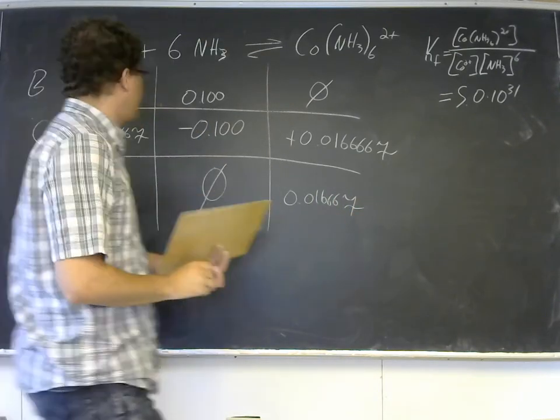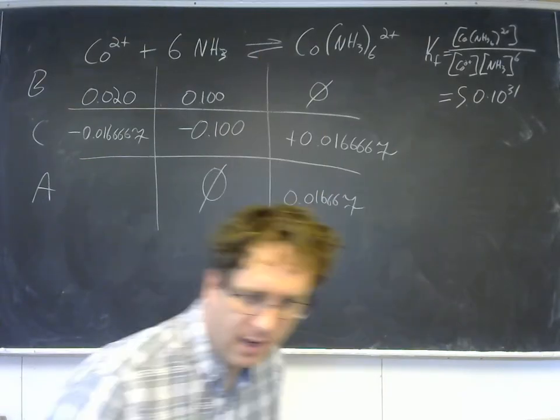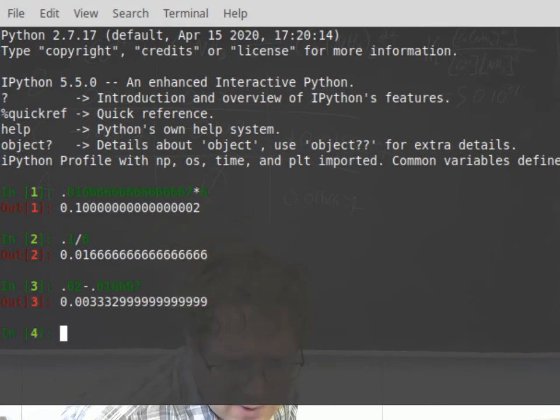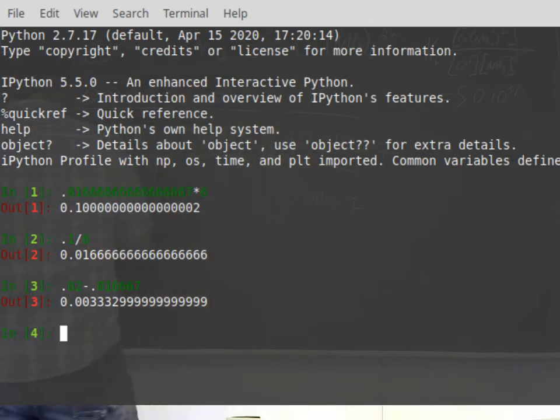And then again, let's not try to do too much math in our head. 0.02 minus 0.016667. We'll just carry those 5 sig figs. And we end up with 0.003333, 0.03333.